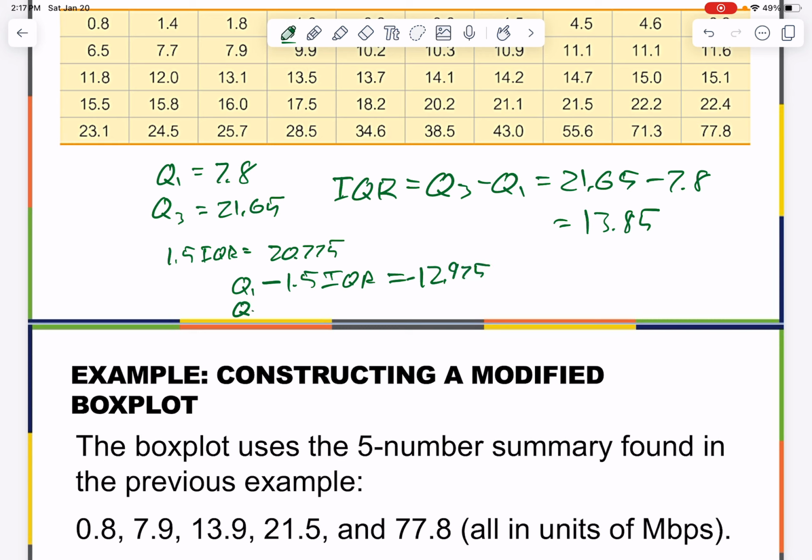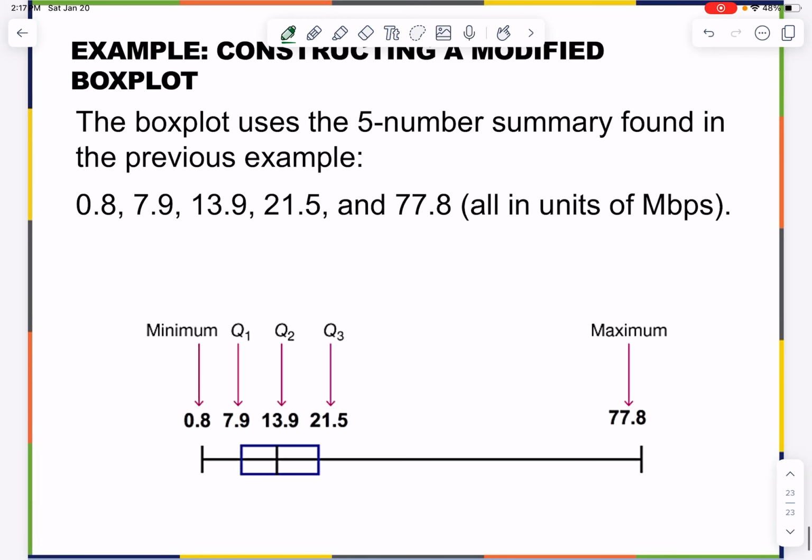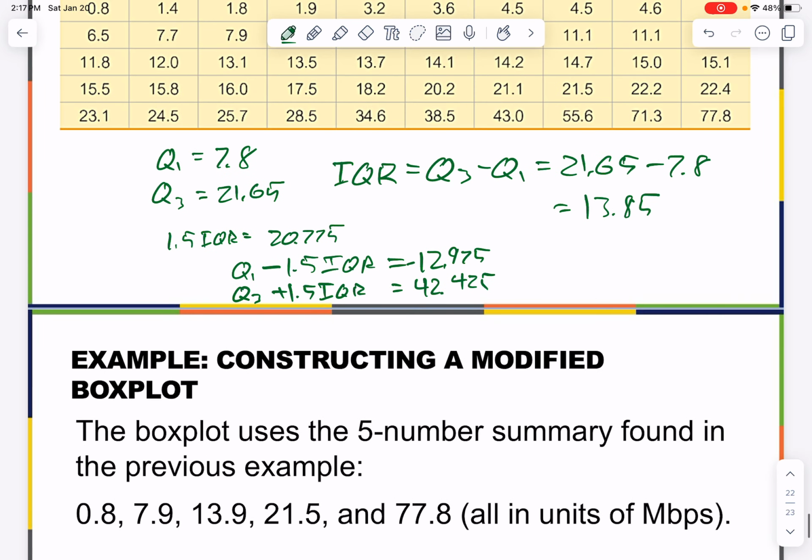And then also Q3 plus 1.5 IQR, which is 21.65 plus 20.775, which equals 42.425.